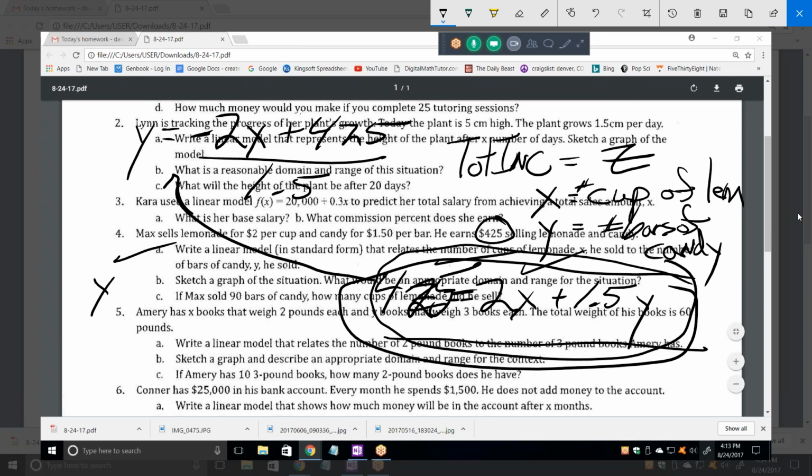So I end up with y equals minus 2 divided by 1.5 x plus, what's 425 divided by 1.5 on your calculator? 283.3.